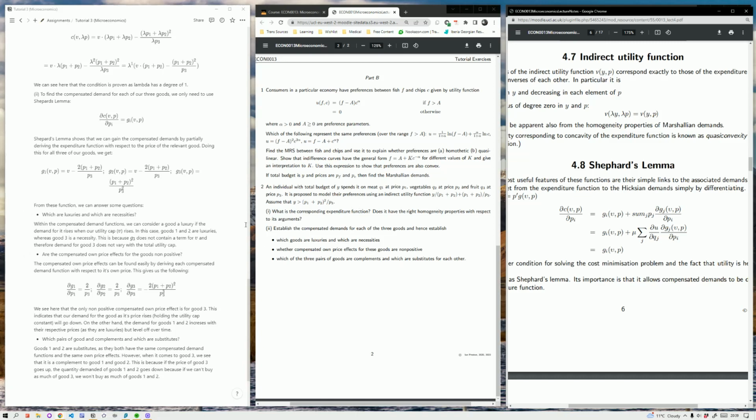Now, which one of them are luxuries and which are necessities? If we want to think about luxuries and necessities, we can think of luxuries as something that we're going to buy more of if our total utility goes up. If we're allowed a high total level of utility, then I want to devote that towards stuff that I'm going to like. So that's a luxury.